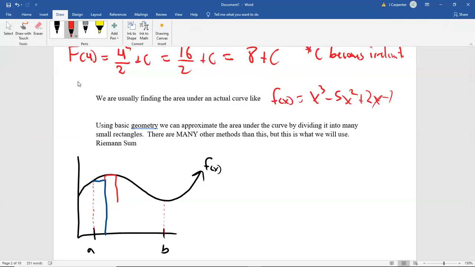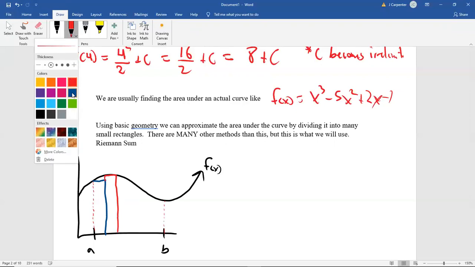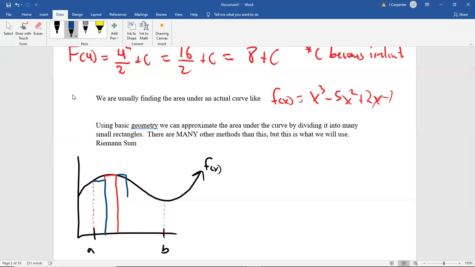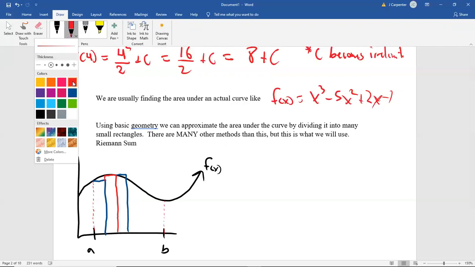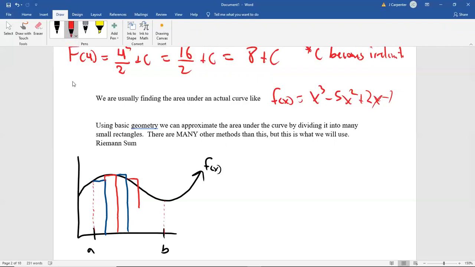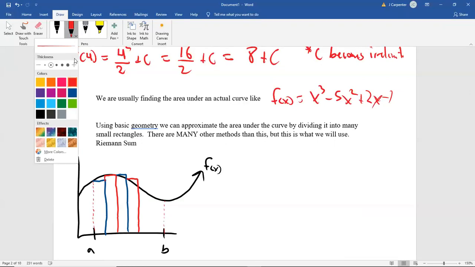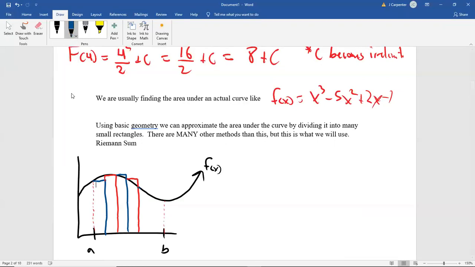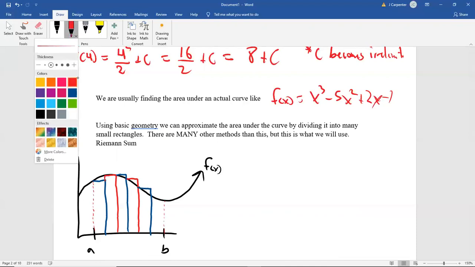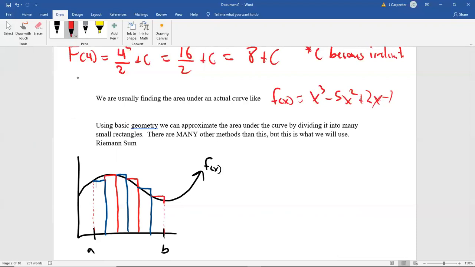Then the third rectangle, I'm just going to keep going between red and blue, would look like this. Then the fourth one, the next one, and I'm getting a little wider at the end, but that's okay. It's not the point. And then this.